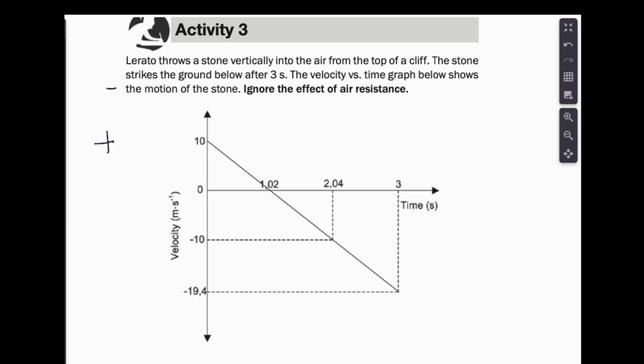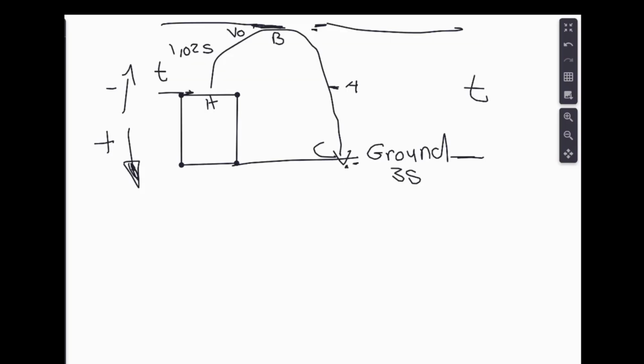So this means that we would need to take the 3 seconds and minus the 2.04 seconds to actually get the time. So that would mean that time BC, right?